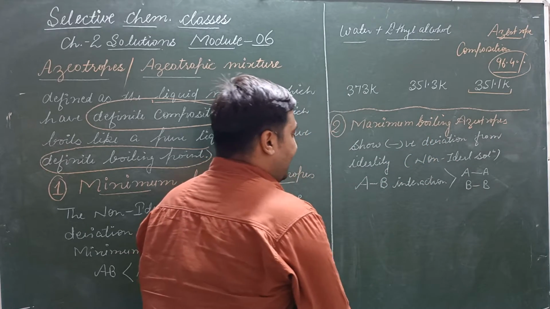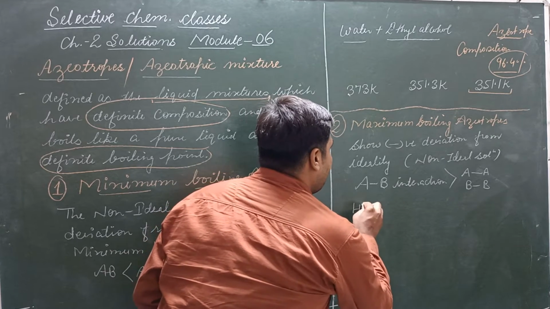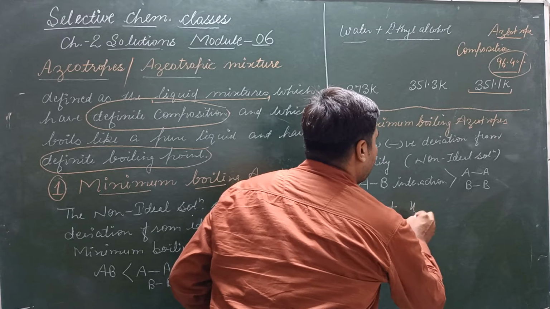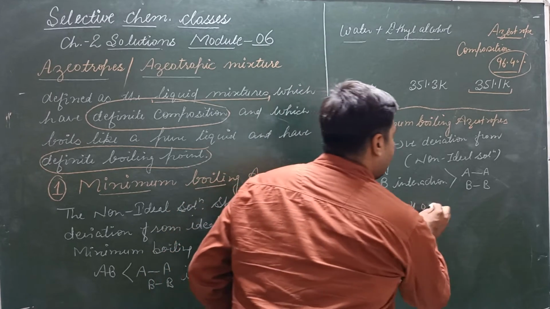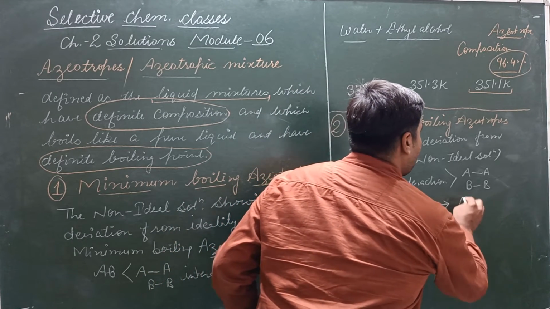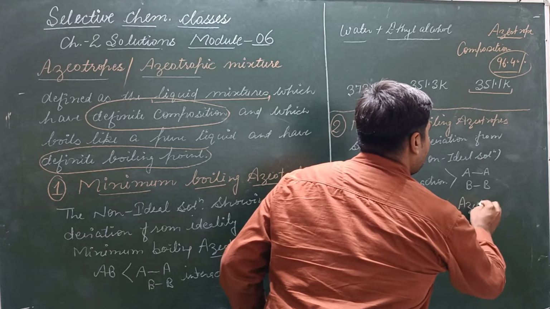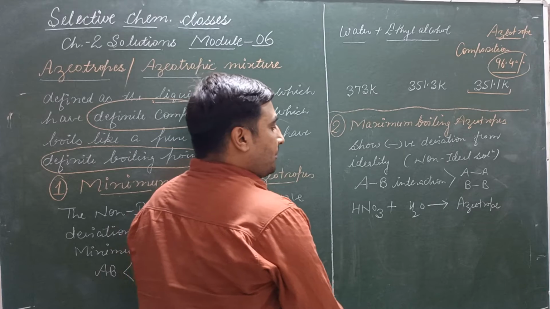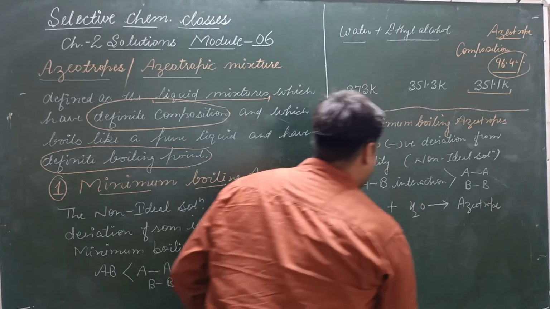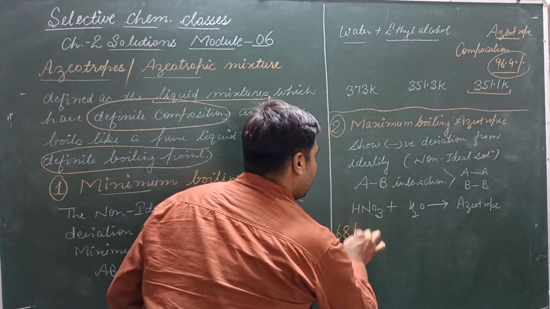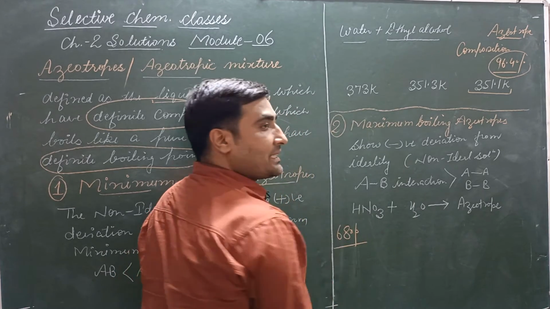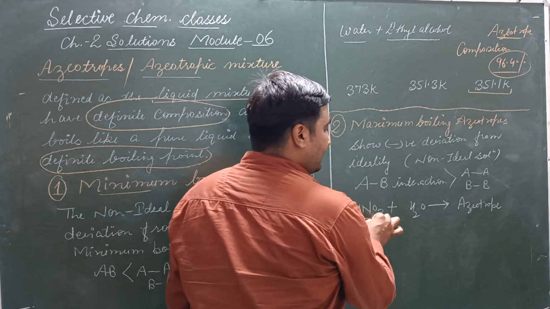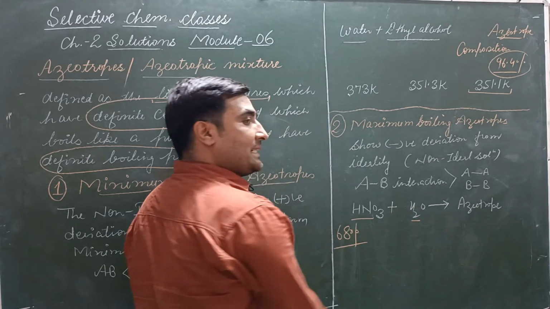For example, we have HNO3 plus water. It will be an azeotropic mixture. Here the composition is fixed, that is 68%. In this case, the HNO3 and water composition is 68%.